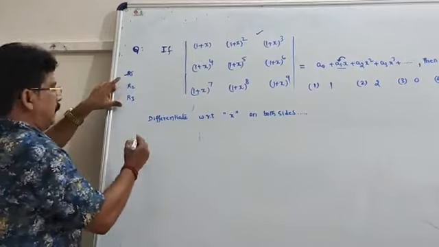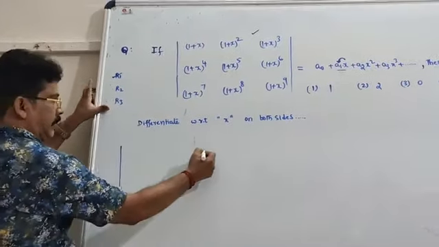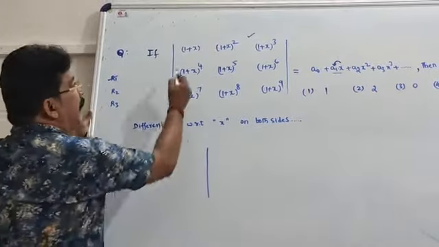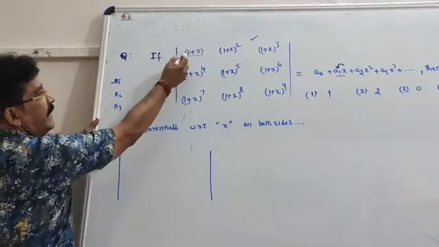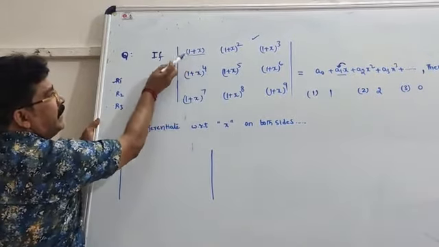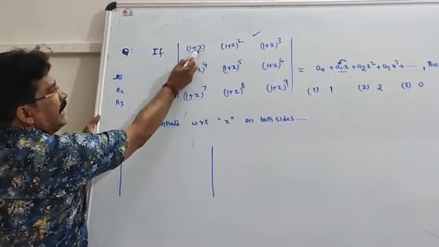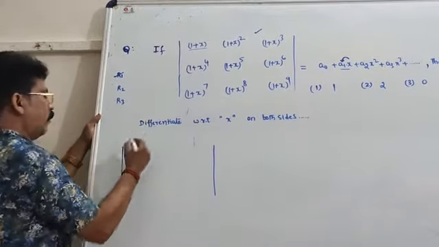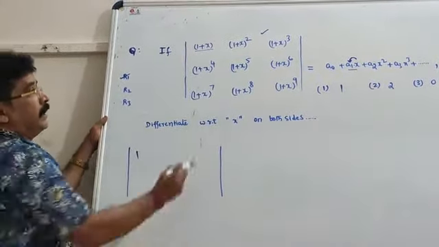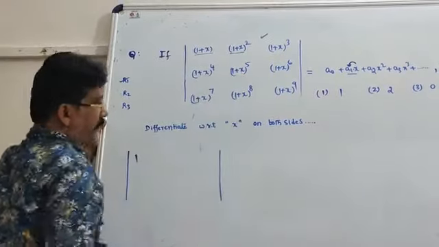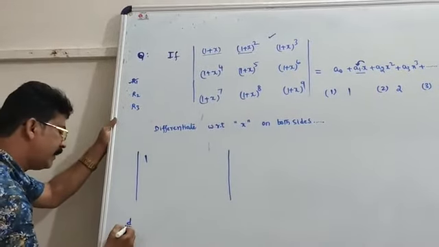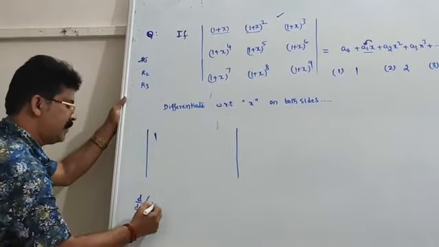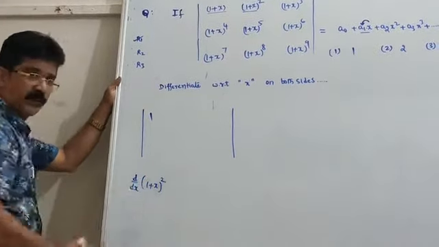Means that determinant of R1 differentiation, d by dx of 1 plus x, d by dx of 1, 0, d by dx of x, 1, 0, plus 1, 1. Okay. Next, d by dx of 1 plus x whole square.